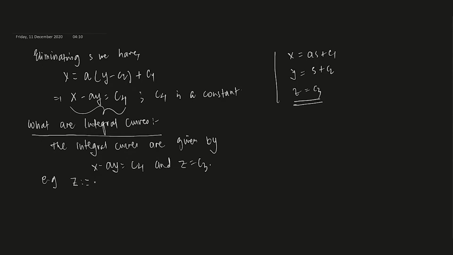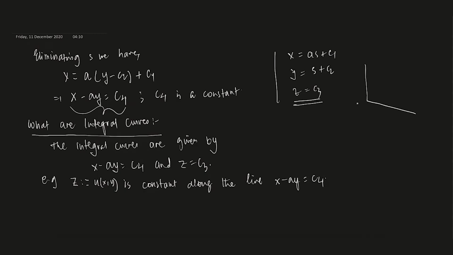What is z? z is u of xy, no? z is the height, which is u of xy. So it says that u of xy is constant along the line x minus ay equals c4, right? That's what it is saying.